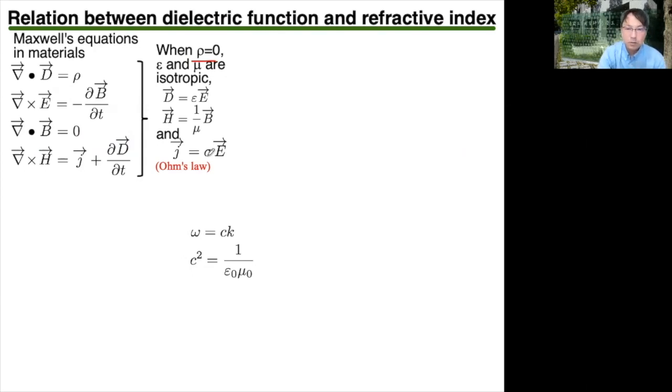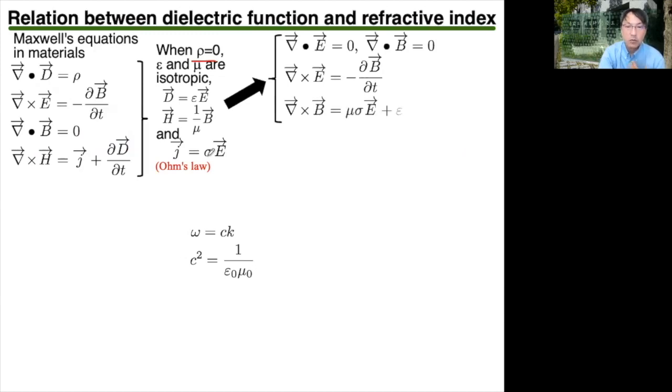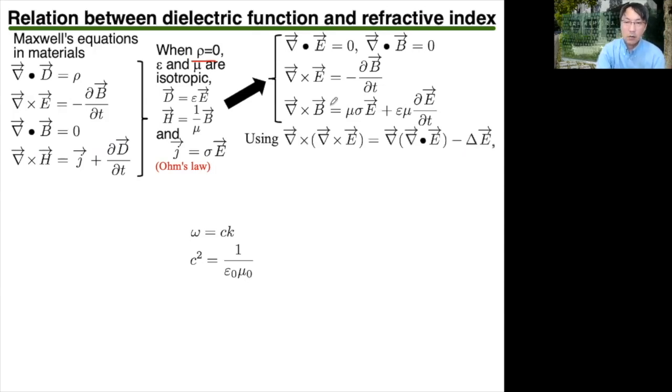Using these assumptions, the Maxwell equations can be rewritten without using the charge displacement D, the magnetic field H, and the current density in the material J, as in those formulas. So we can replace J by using Ohm's law like this. Then further using an identity of vector calculus, we obtain a partial differential equation for the electric field as shown here.